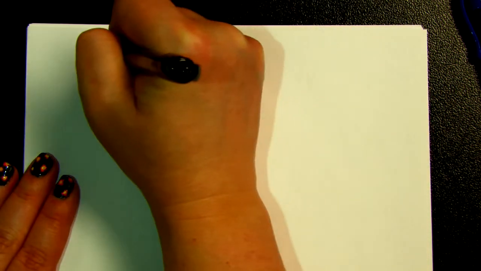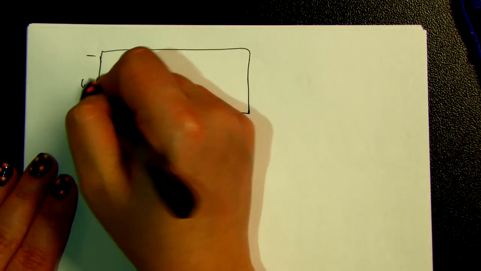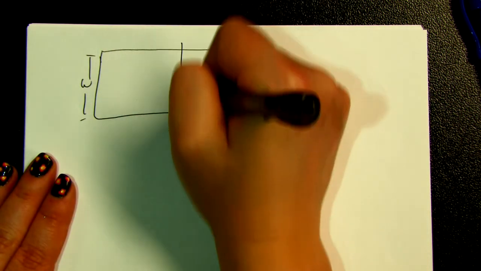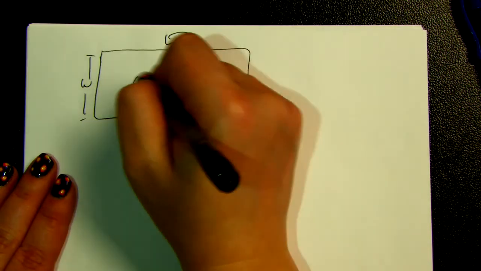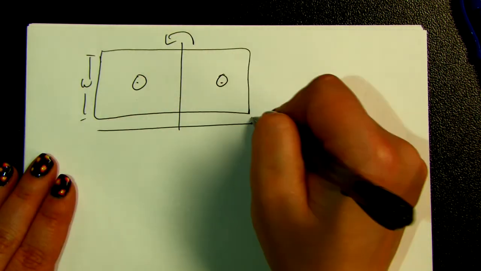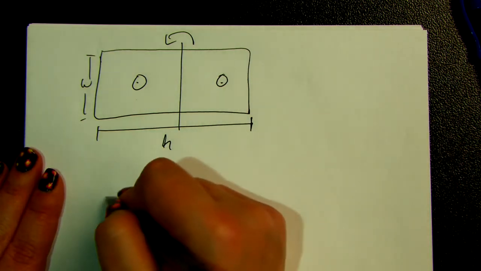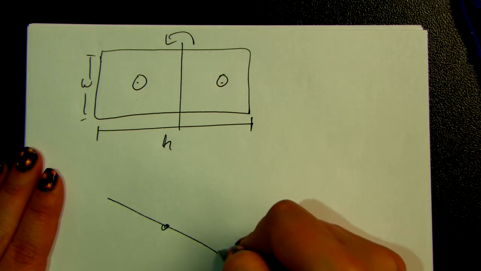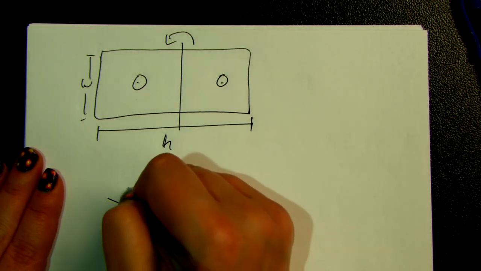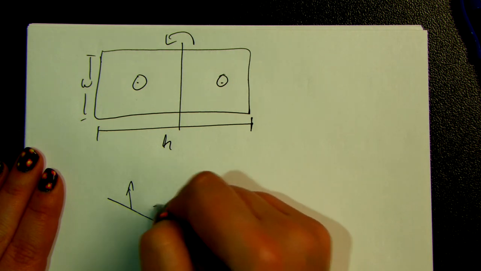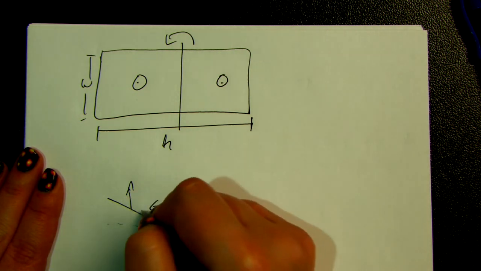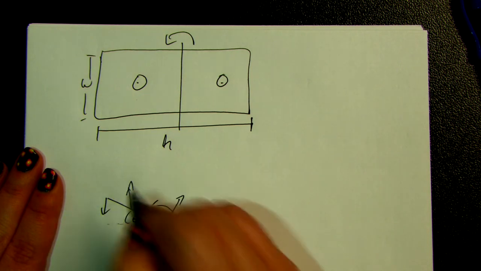Okay, so to talk about generators, we're going to return to our rotating loop. Here it is. It's rotating counterclockwise. We've got our magnetic field, got our height. Put a side view in there. Got our little theta angle changing.